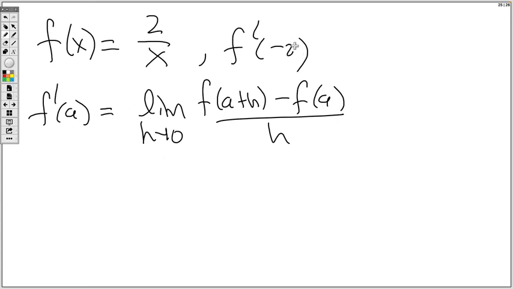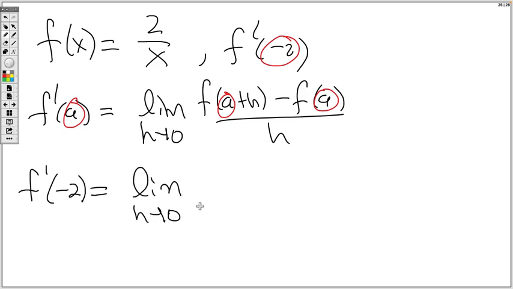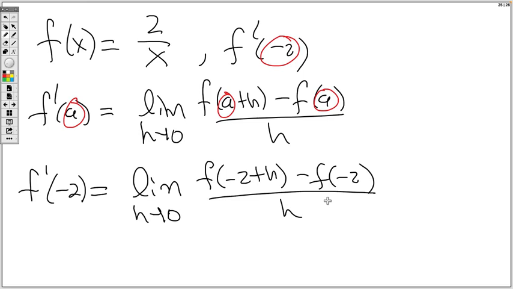In this particular case, we want the derivative at negative 2. So for us, f prime at negative 2 would be the limit as h goes to 0 of f of negative 2 plus h minus f of negative 2 all over h. Now I got to do a little algebra here, because f of x is 2 over x.